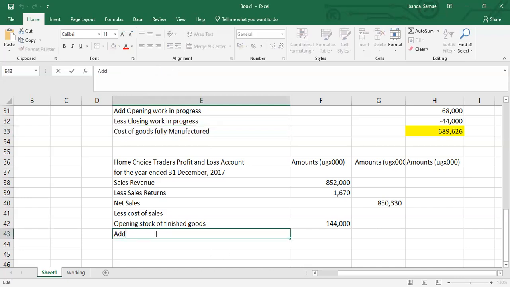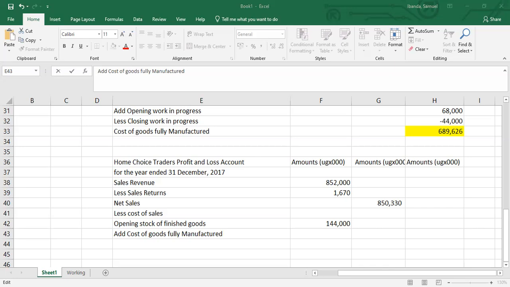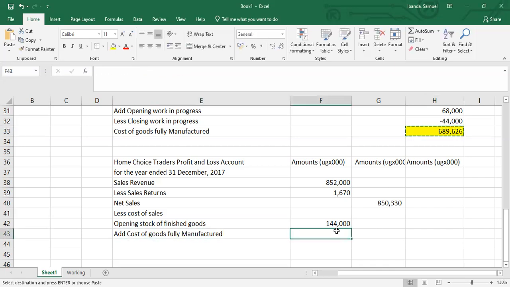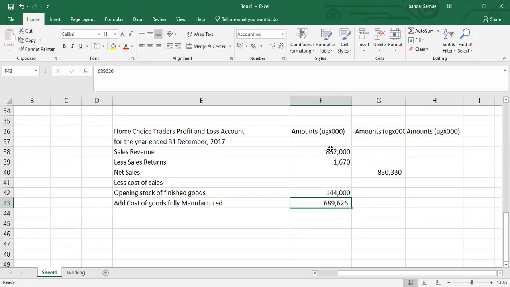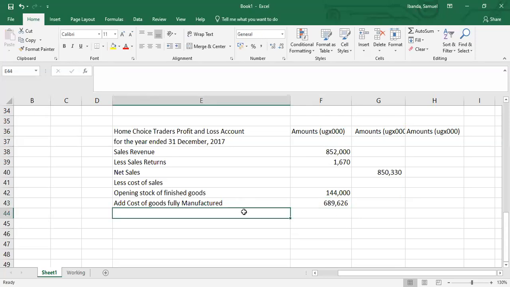So instead of adding purchases, we add cost of goods fully manufactured. And what we shall basically do is we shall get the figure as it is there and bring it down here. So we shall bring it here and put it here. That is what we basically do when it comes to goods fully manufactured. Okay, 689626. That is what we do.